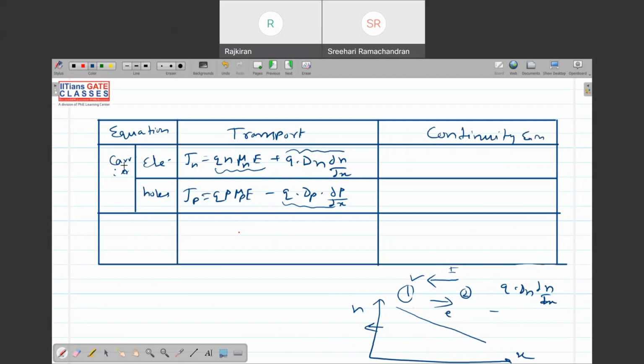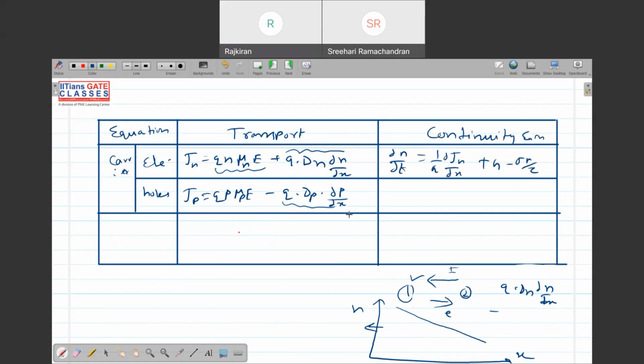What is the continuity equation for electron? It will be the change of electron concentration with time equal to 1 by q d Jn by dx plus generation minus recombination.